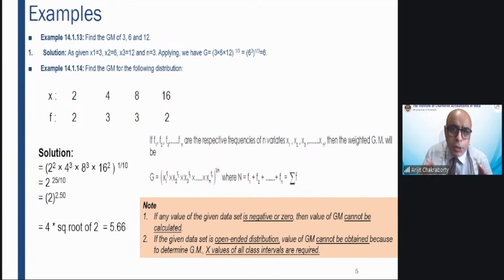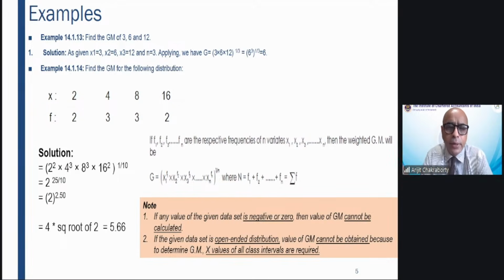Why? Because just like arithmetic mean, please note that geometric mean is calculated with reference to all the values which are given. Please think of median. We have discussed at length about median. Median means middle value. So median is particularly helpful in case of open-ended distribution because median is not bothered with the last class or the last value.